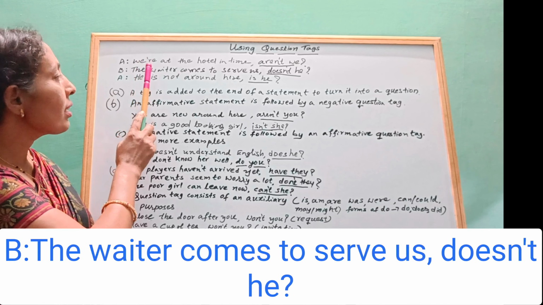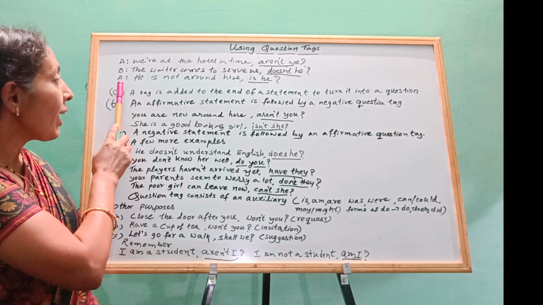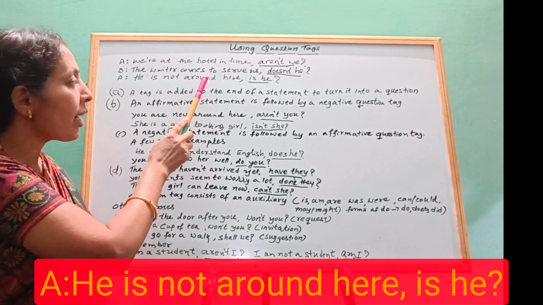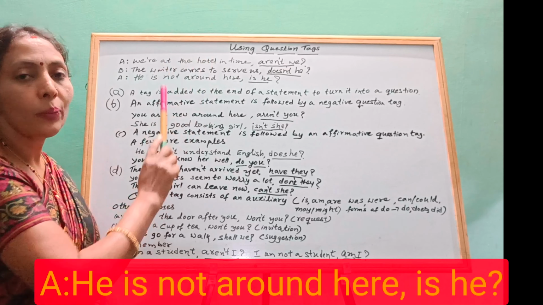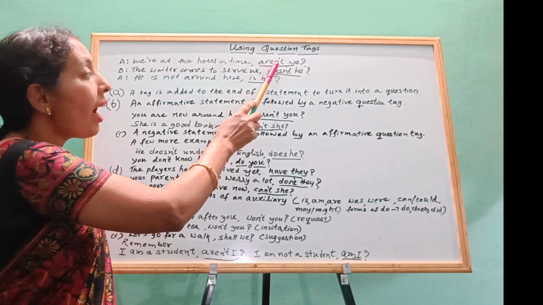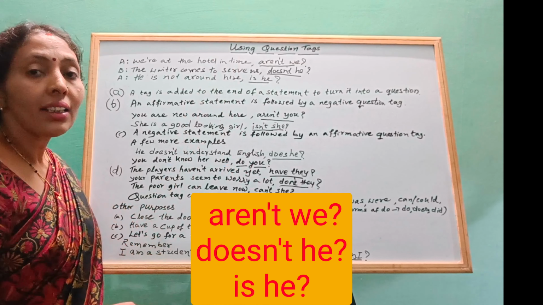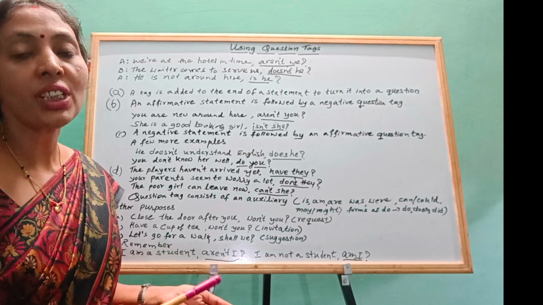B says, "The waiter comes to serve us, doesn't he?" A replies, "He is not around here, is he?" Look at the underlined phrases. Aren't we? Doesn't he? Is he? These are called question tags.